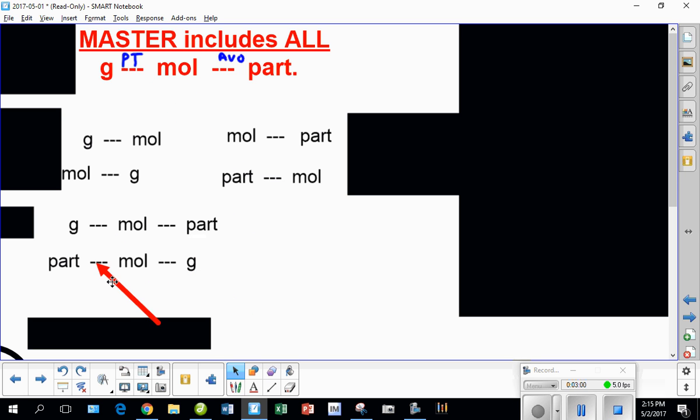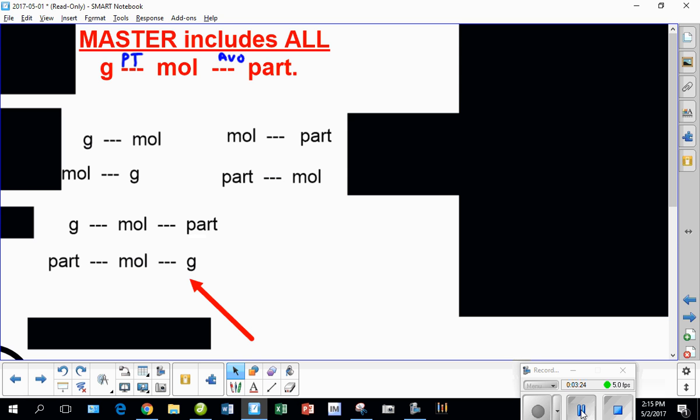This is avo territory. It's just backwards from the first problem. And so grams will be on the top in this last fraction, and we'll get those grams from the periodic table, and the bottom will be 1 mole.